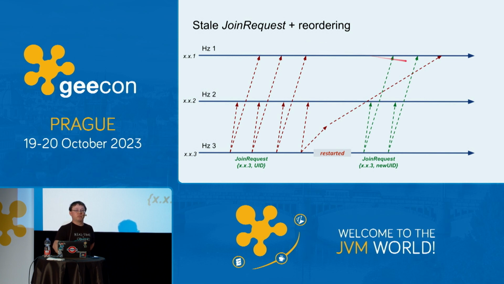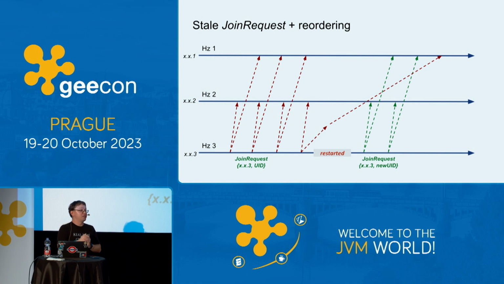The Hazelcast member 1 will consider the old join request as a new join request and will kick out the existing member and replace it with a non-existing one, the stale one. And in this way, the cluster will be divided into several parts and will have no chance to join back. We should just restart it as a whole.